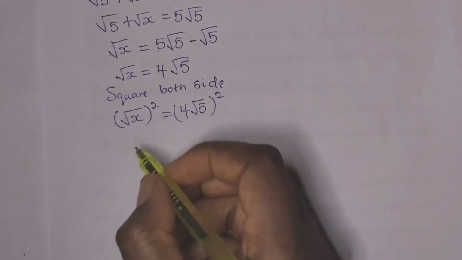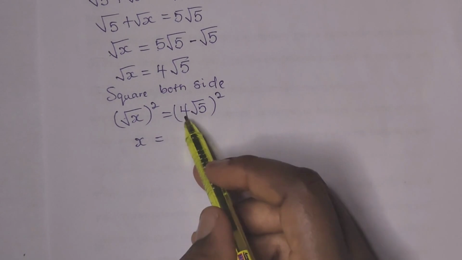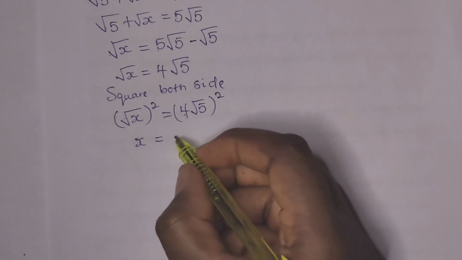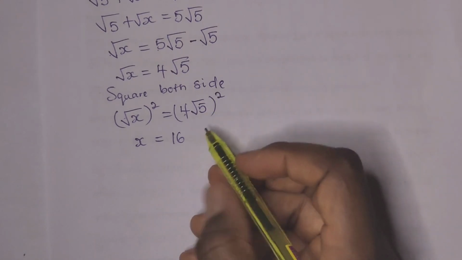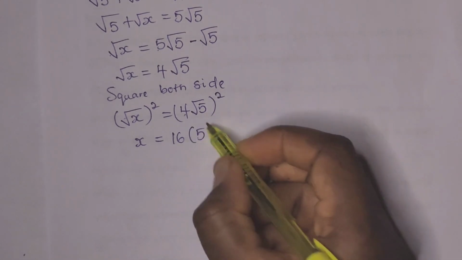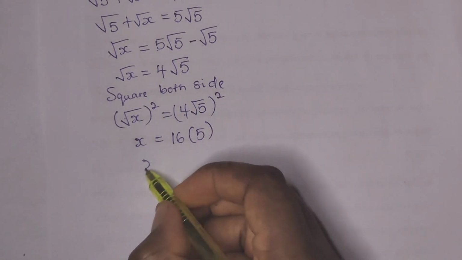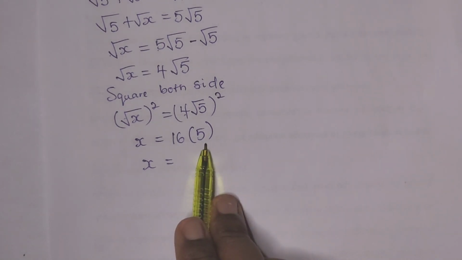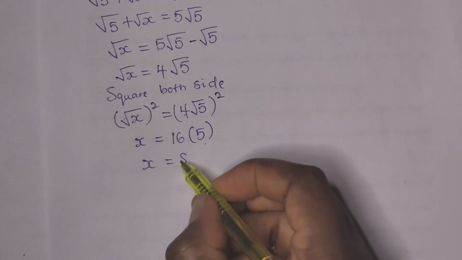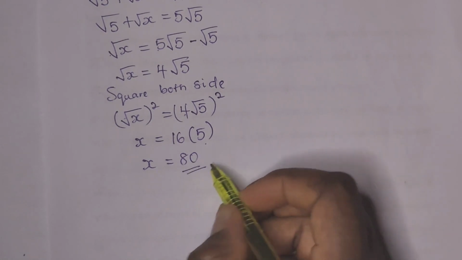So this cancels this. We have x equal to 4 to the power of 2 is 16, and this square root cancelling out this, we have times 5. So x is equal to 16 times 5 is 80. So our x is equal to 80.